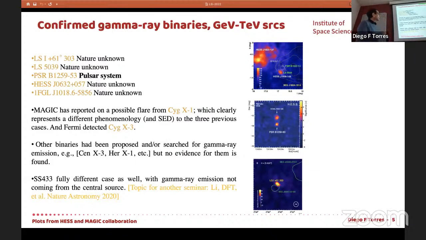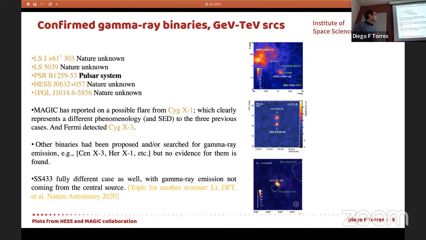And you can see that MAGIC and others reported a possible flare from Cygnus X-1. Because it is a flare without orbital periodicity and without dominating the gamma ray spectrum, since the X-ray spectrum has a much larger flux, this is a different phenomenology.